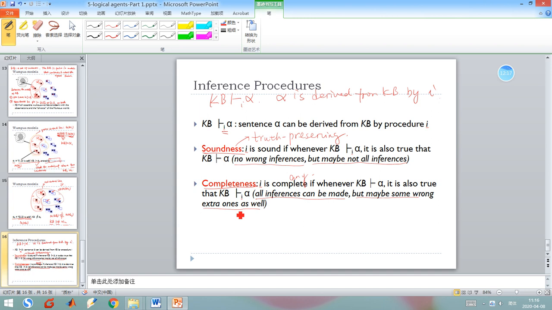In the following contents of this chapter, we will describe propositional logic, and we will get a deeper understanding of soundness and completeness, these two properties.